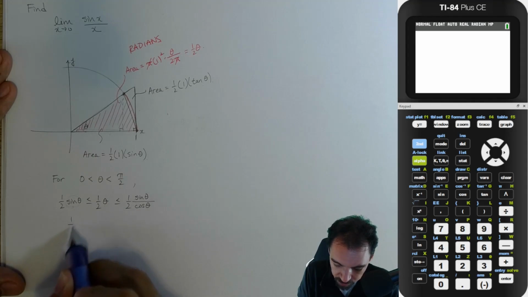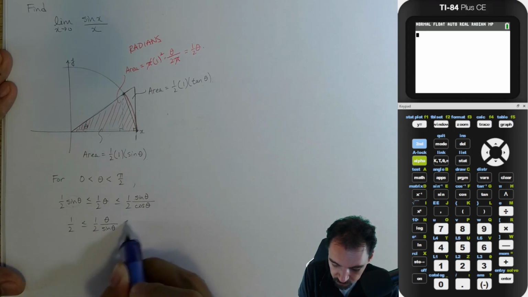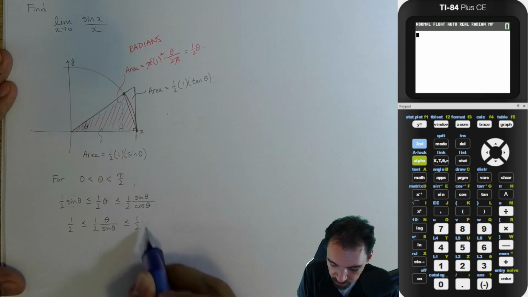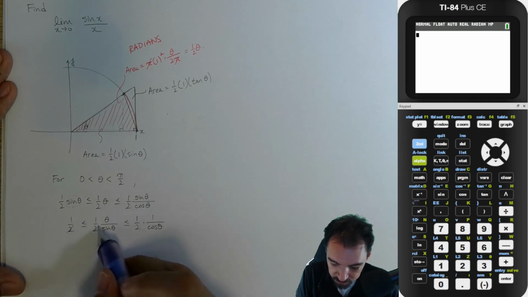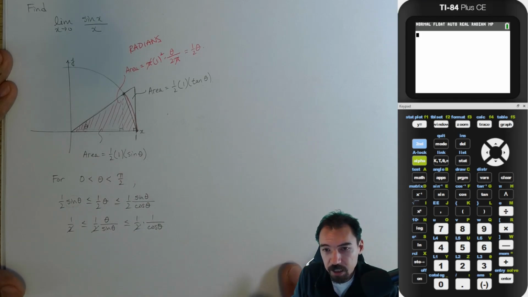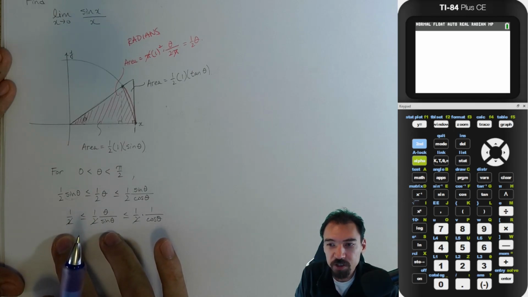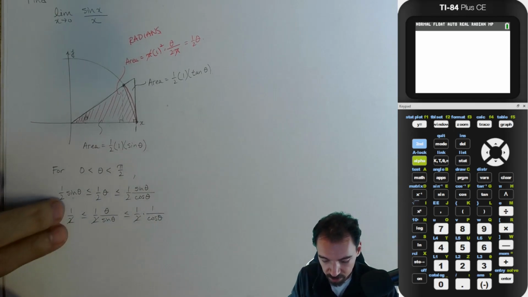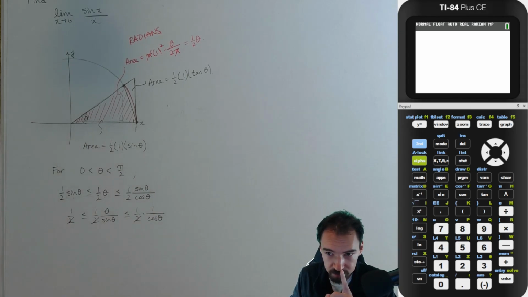I'm going to get 1/2 is less than or equal to 1/2 theta over sine of theta, which is less than or equal to 1/2 times 1 over cosine of theta. Now I can multiply through by 2 and cancel all the 1/2s. And furthermore, I can reciprocate all sides. So I'm going to take this 1, reciprocate, and make a 1, because 1 over 1 is 1.